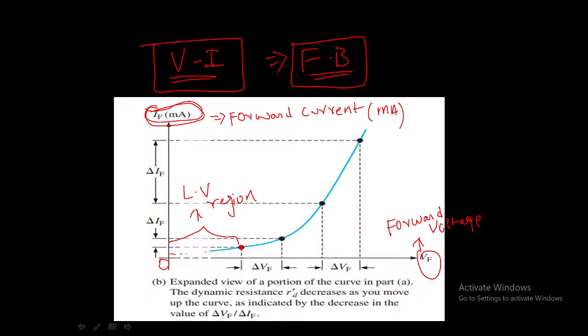The curve is exponential in nature. The current is very small in this particular region. In the low voltage region the current is very small, as we can observe here. Since the voltage is very small, the current is also low.